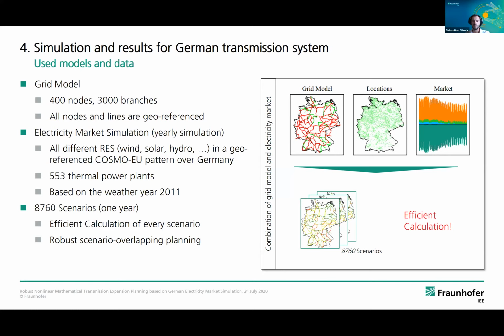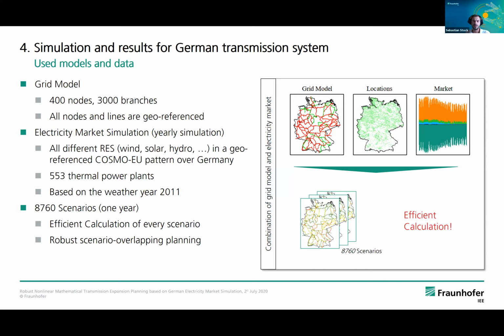This is one part of the market simulation, and of course the second one is, for around 500 thermal power plants, the decision on how they are operating in this year, and this is based on the weather year of 2011.